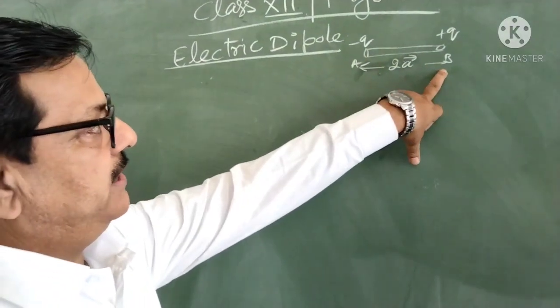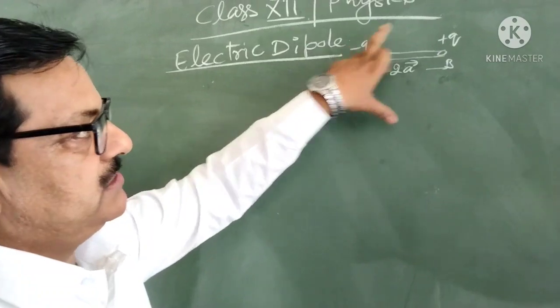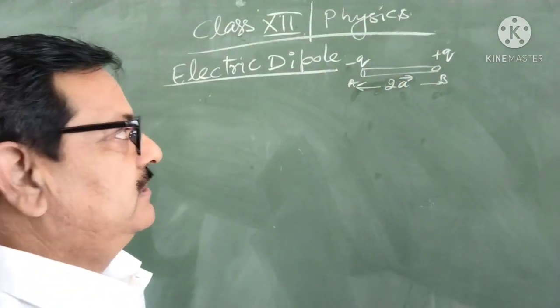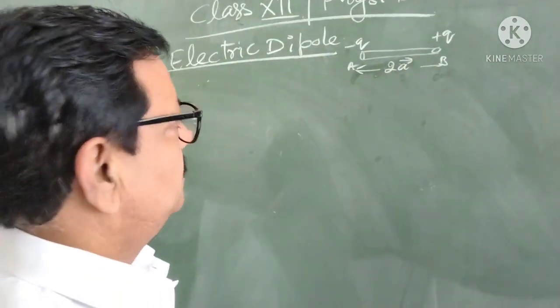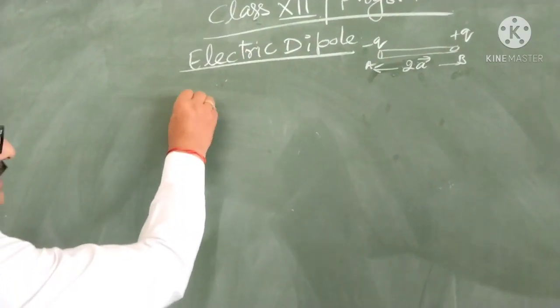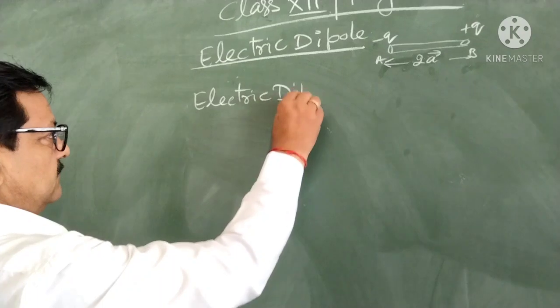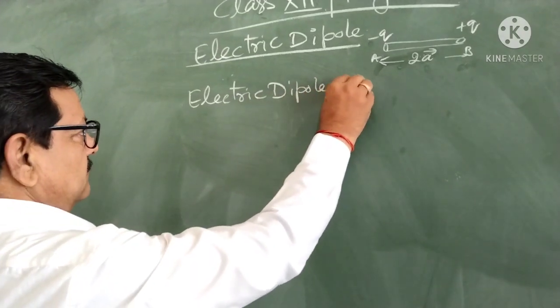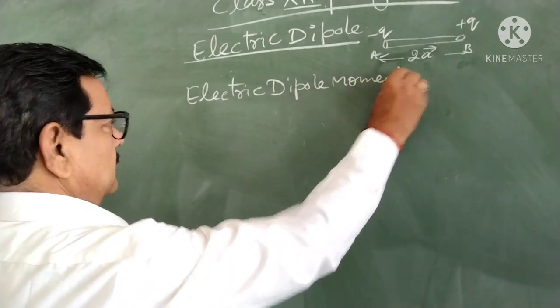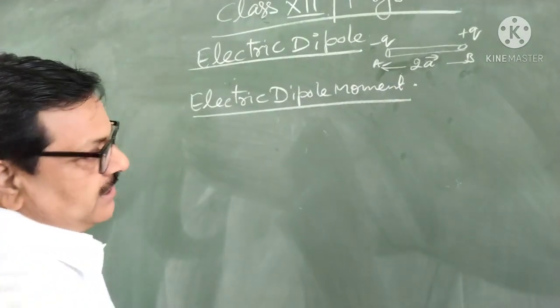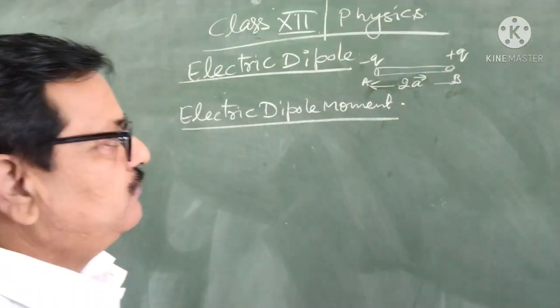A related separation, and this one is charge minus q plus q. We have to discuss another term related to electric dipole, that is electric dipole moment. It is a vector quantity.